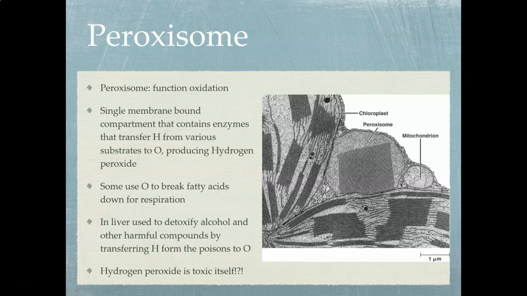We use it as an antiseptic, right? If you've ever gotten a cut and used hydrogen peroxide on it, you can hear that bubbling, and that bubbling is often a result of the catalase enzymes breaking that hydrogen peroxide down. But it's toxic to any bacteria that might be present if that bacteria can't break it down.